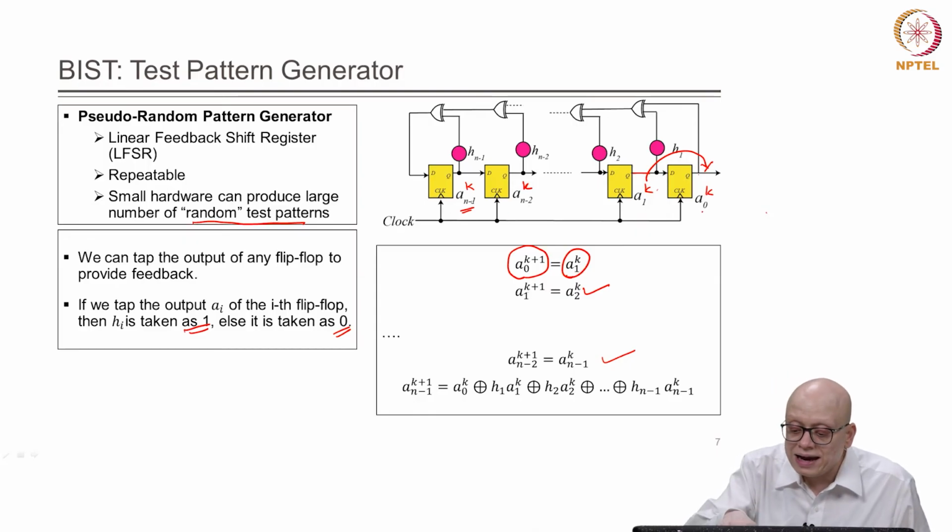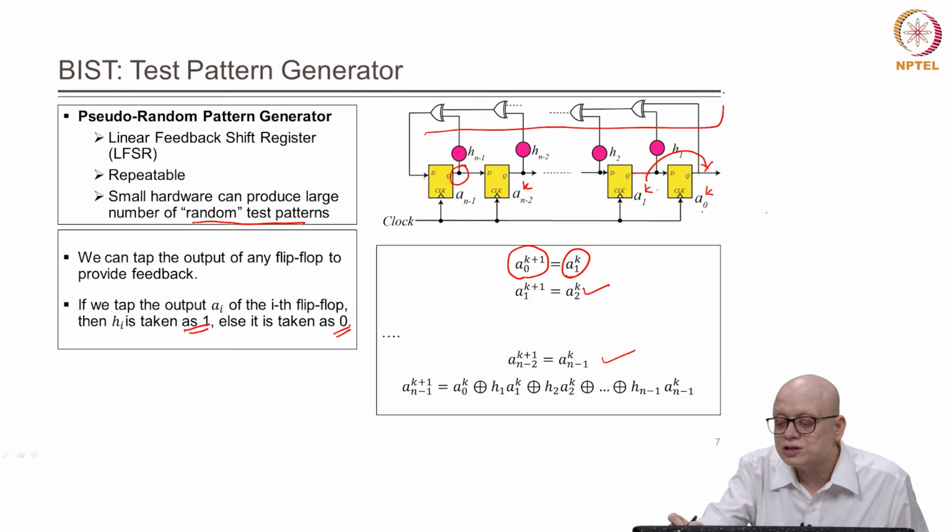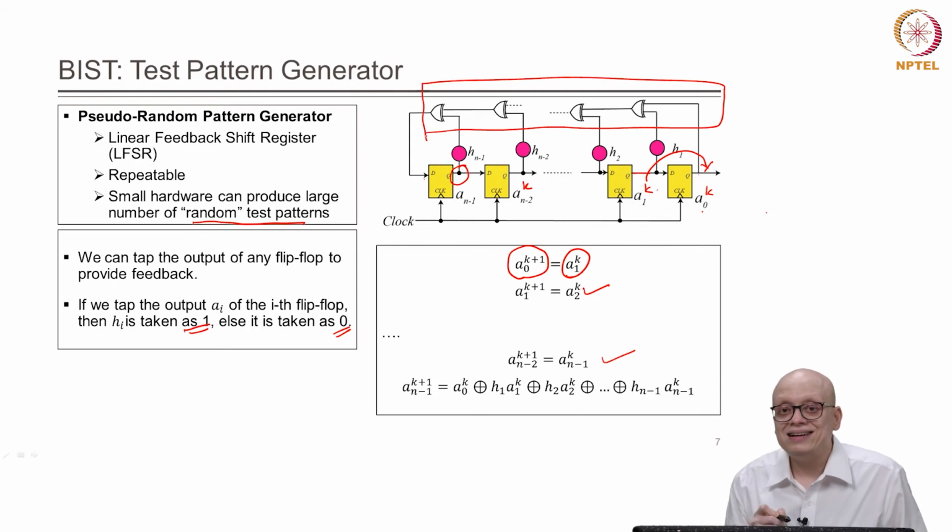But what about An-1, this flip flop? Its D pin is connected to a logic of XOR gates. Therefore, whatever is at the D input will become the value in the next clock cycle whenever the clock comes.